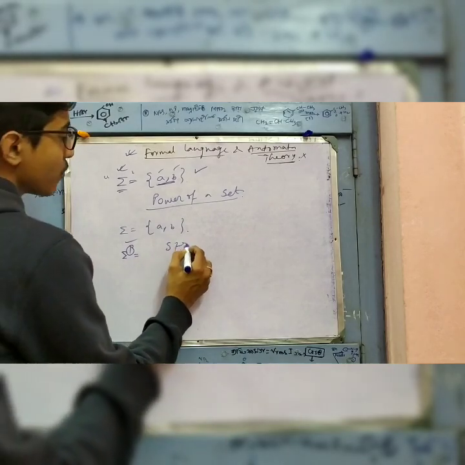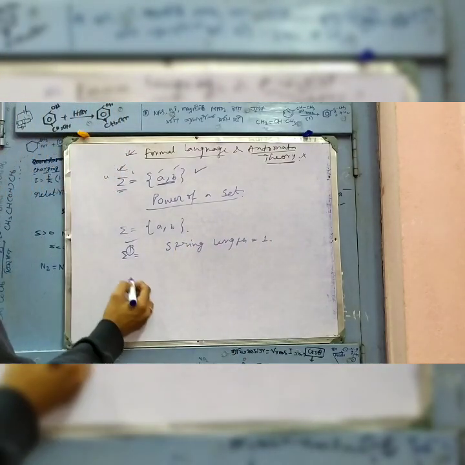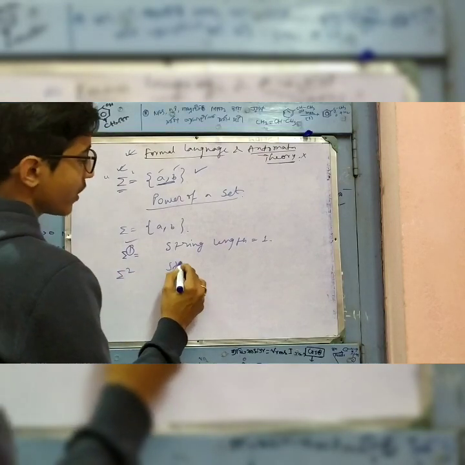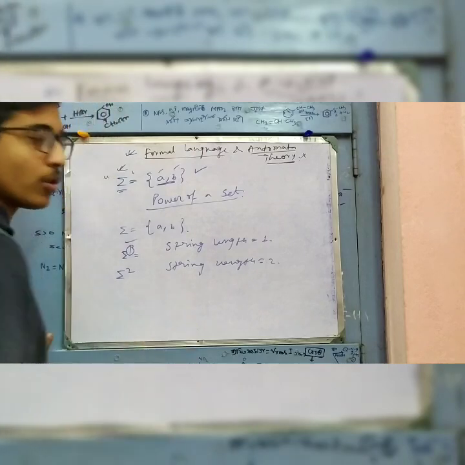So if it is sigma 1, then the string length will be 1. If it is sigma 2, then the string length will be 2, and so on. If it is sigma n, then the string length will be n.